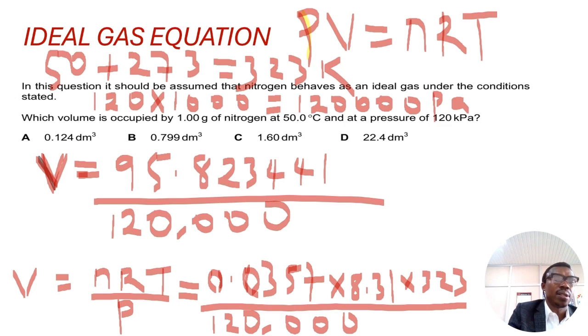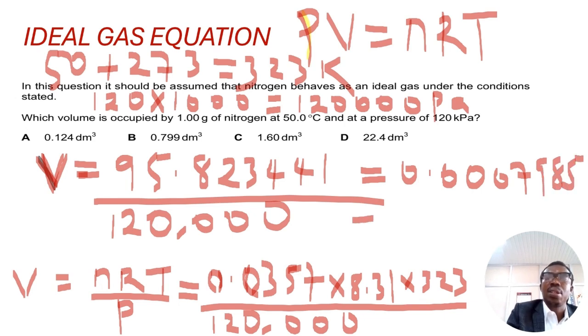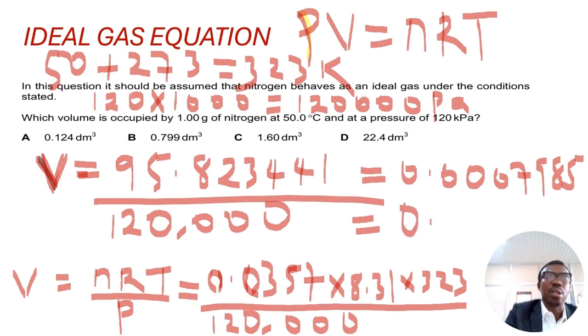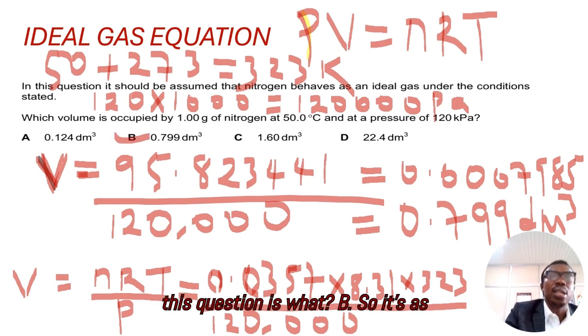That is equal to 0.0007985. You have to multiply by 1,000 to convert to dm cube. 0.0007985 multiplied by 1,000 is 0.799 dm cube. So the correct answer to this question is B. So it's as simple as ABC.